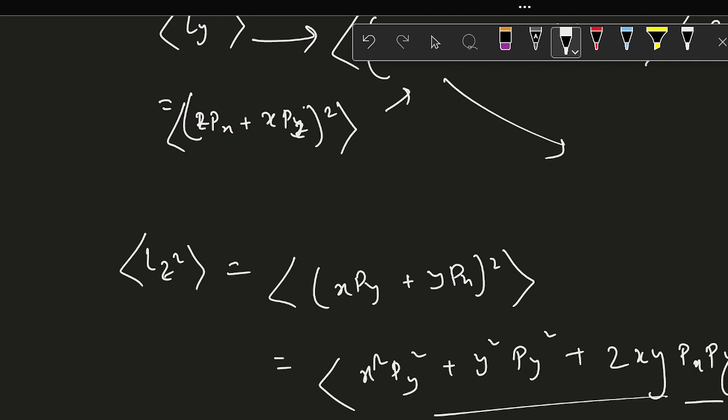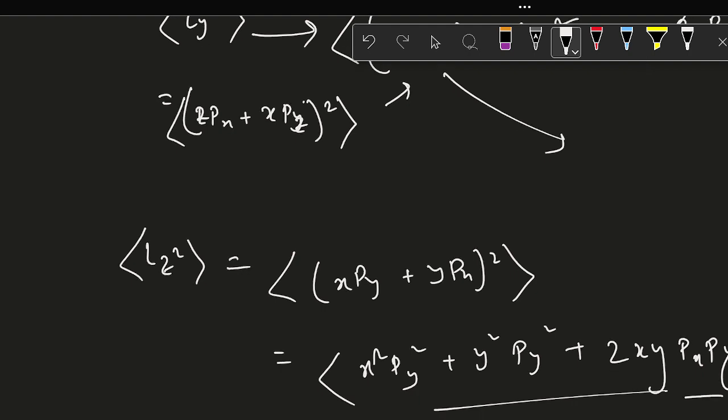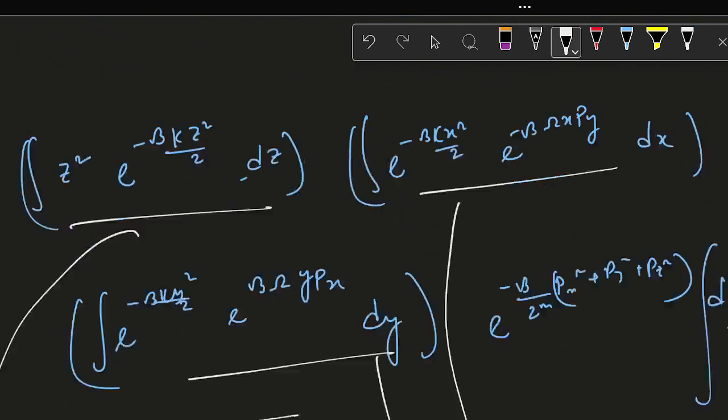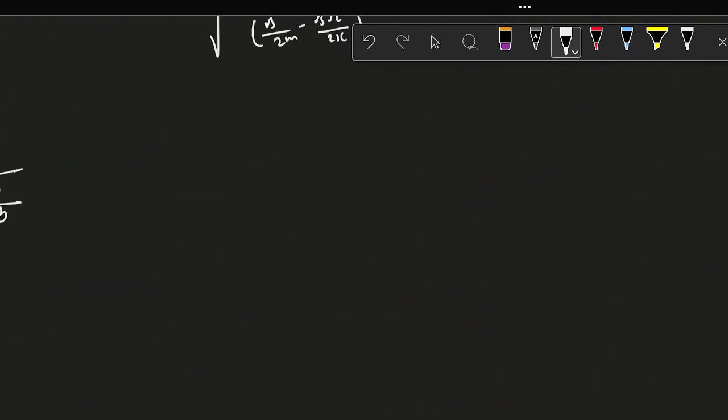When you get each one of them separately, you can just take the whole L squared as a summation of all of them. Just sum it up and you will get your final answer. Hopefully if you go on doing it by yourself, you will get to the answer.